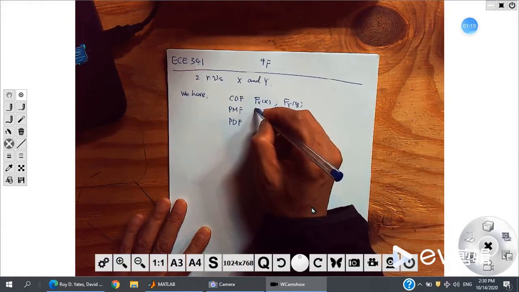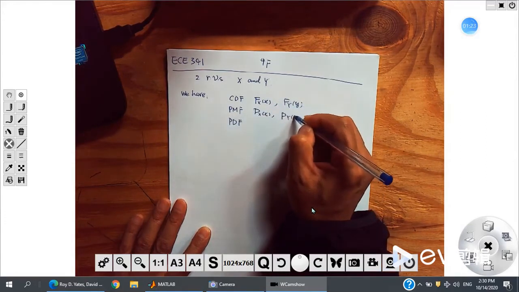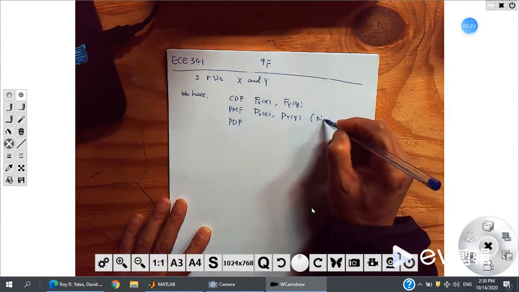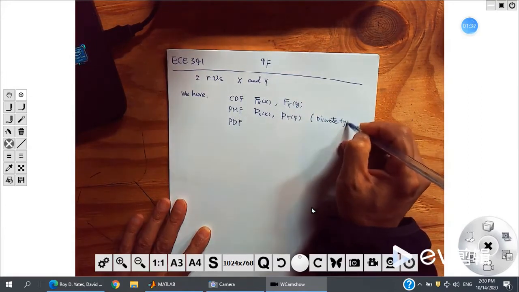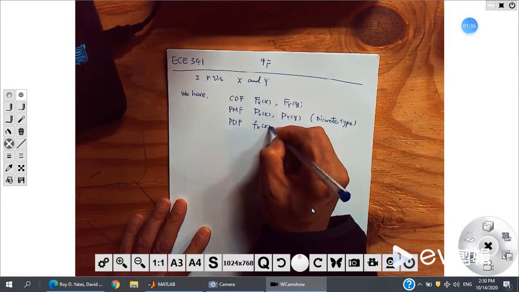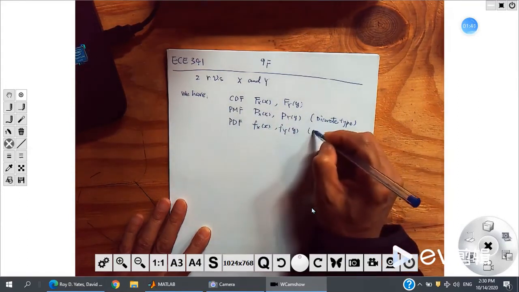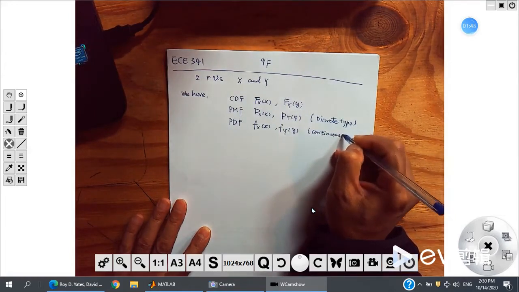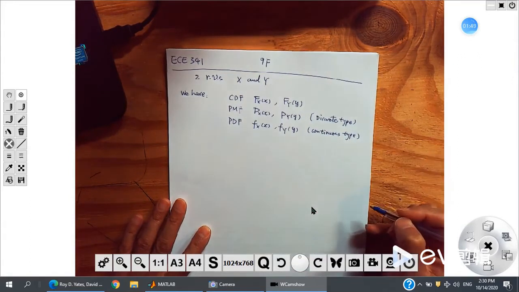We have p_X(x) and p_Y(y). Of course, this is for the discrete type. And then the densities f_X(x) and f_Y(y). This is for the continuous type.